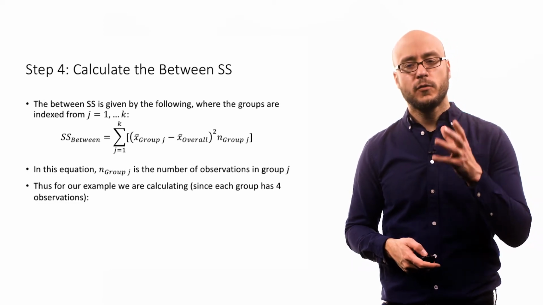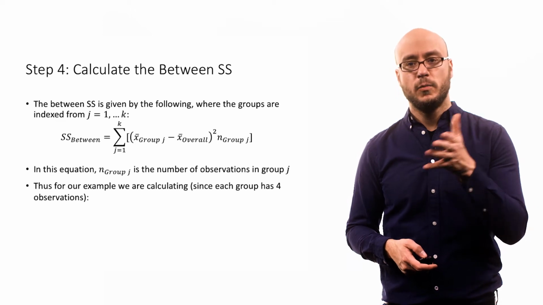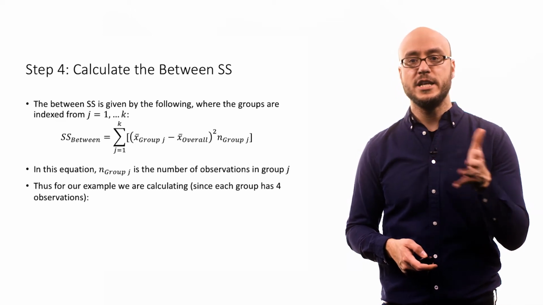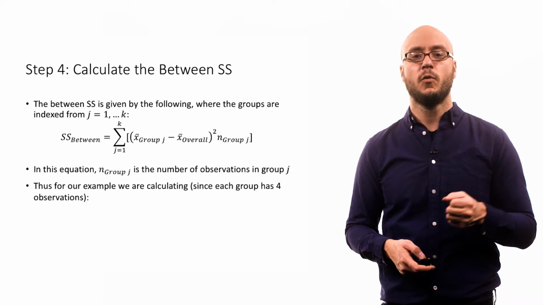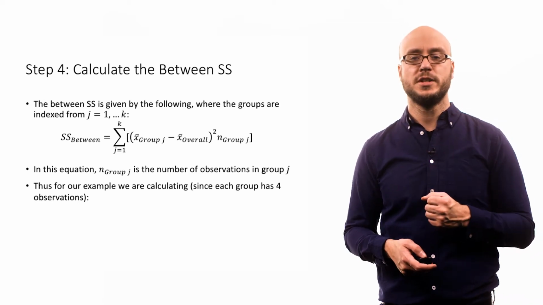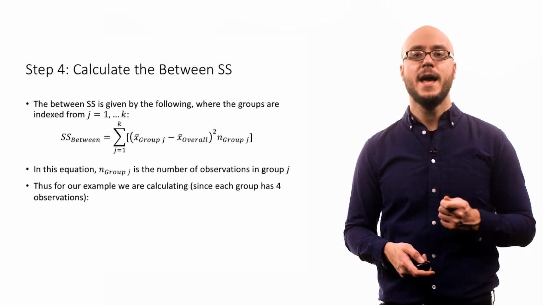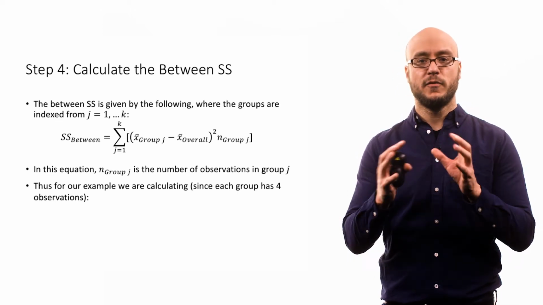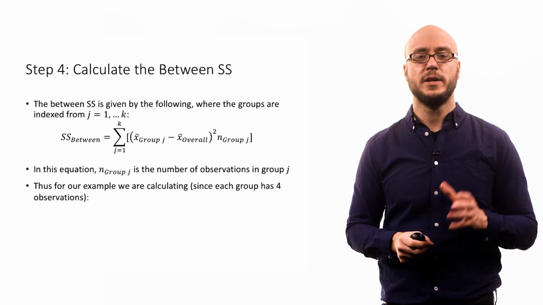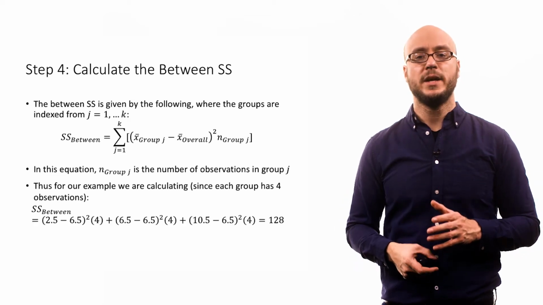For our purposes here, we have n of 4 for each of those groups. Each group has 4 observations. There are 4 individuals in each group. Group 1 is 4 people, Group 2 is 4 people, and Group 3 has 4 people. That sort of weights this difference between each group mean and the overall mean.